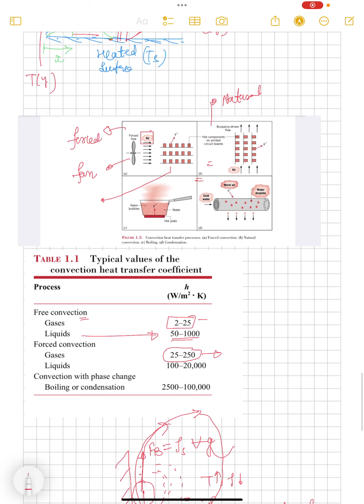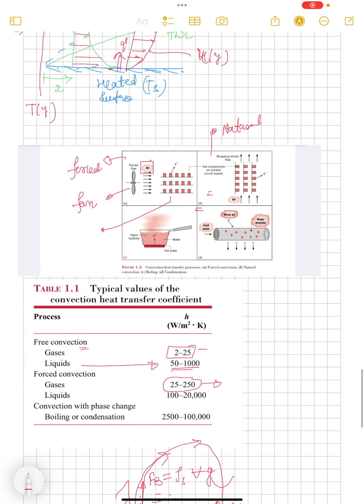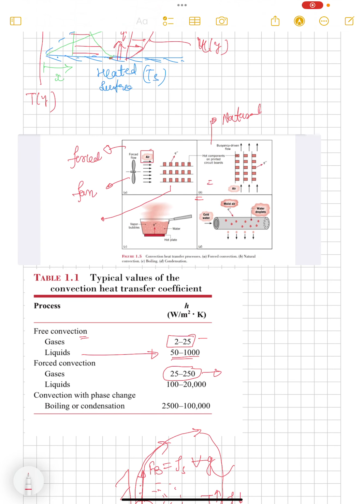There are other modes of convection heat transfer which are phase change heat transfer processes, as shown here. When we are heating this water, its temperature will rise and a convection current will form, natural convection. But that is the sensible energy that is coming. If the temperature of the surface is such that it reaches the saturation temperature of the water inside this pan, then bubbles will start from the surface of the heater plate.